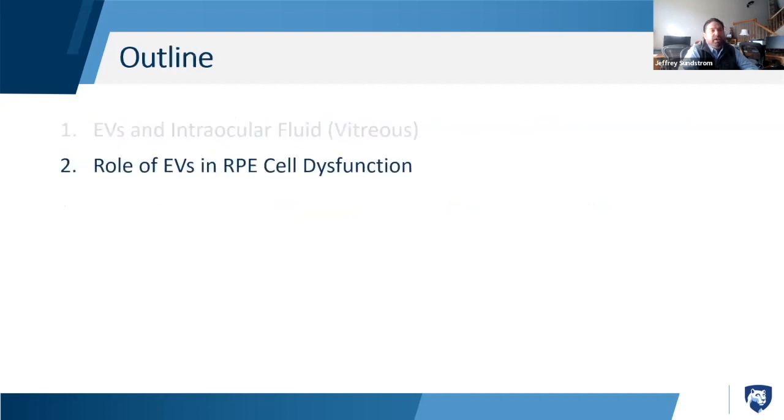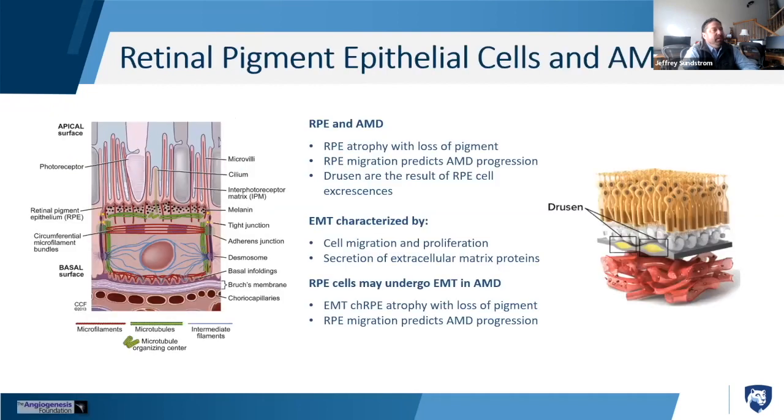I'm going to change topics here and move on to what we do in my laboratory. We focus on retinal pigment epithelial cells and their dysfunction in macular degeneration. Just to take a step back and introduce everybody to retinal pigment epithelial cells: when people think of the retina, they usually think of the inner retina and then the photoreceptors.